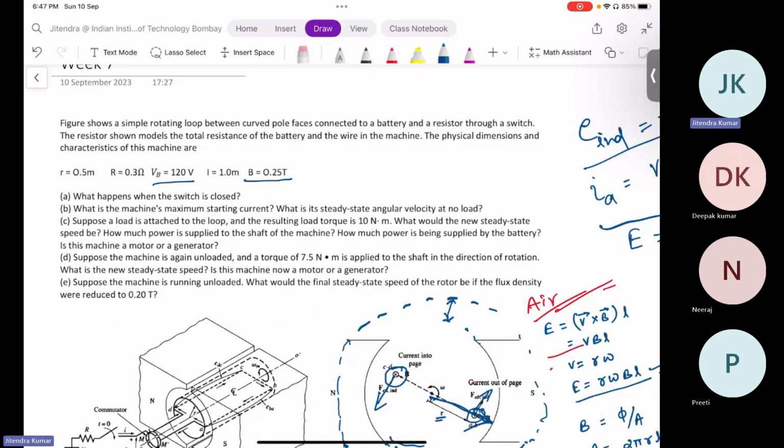We need area, right? For area, what other data can you use, because area is not given directly? 2 pi RL. L is given as 1 meter, R is given as 0.5 meter, so we can use it.